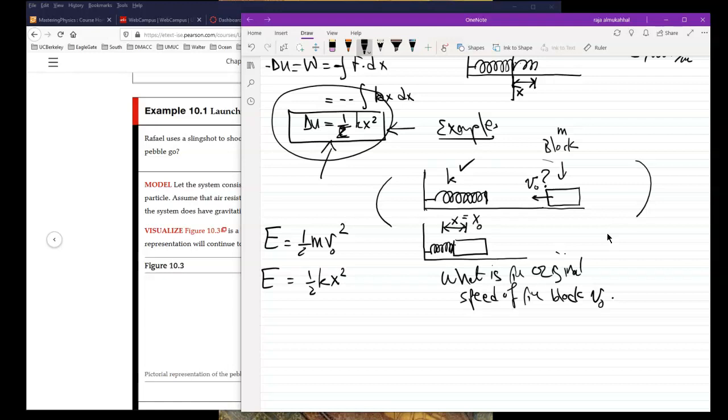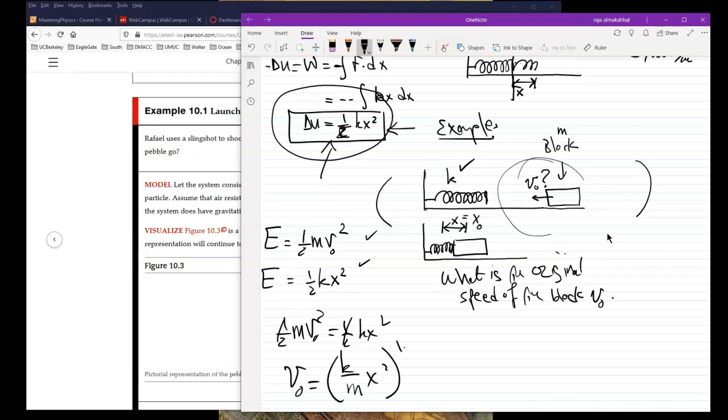In other words, all this energy has been given to the spring to be compressed by a displacement x naught. By the conservation law, those two must be equal. Halves cancel out, and then I can solve for v naught. That will be k over m x squared to the power of 1/2. And then whatever numbers they give, that's how you solve the problem. Very simple. I hope it is simple.